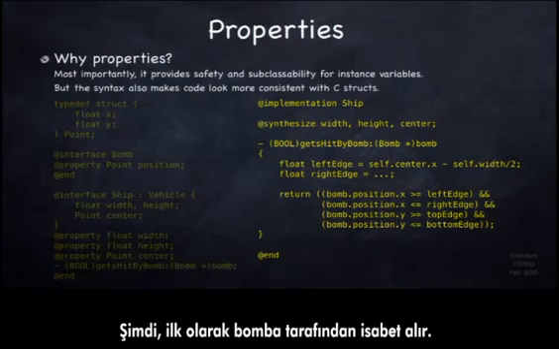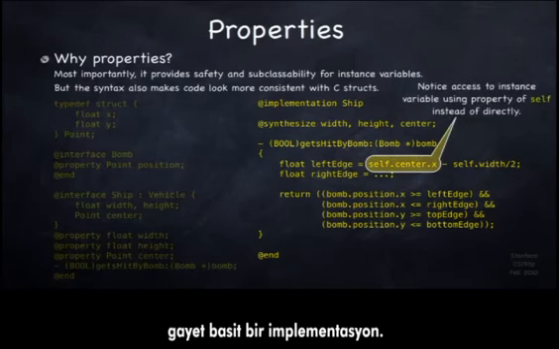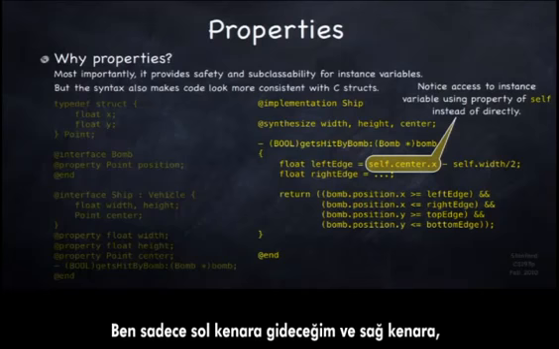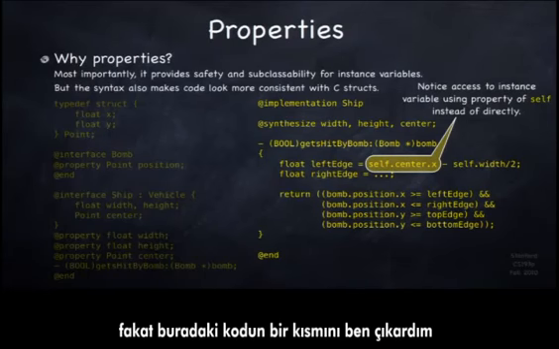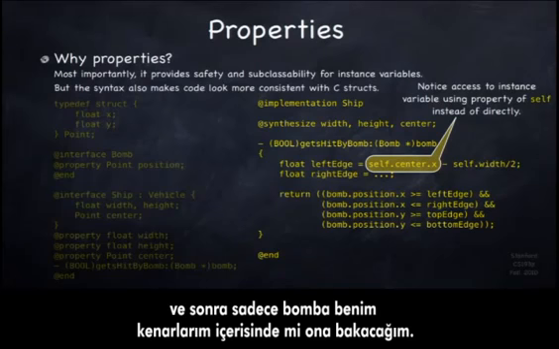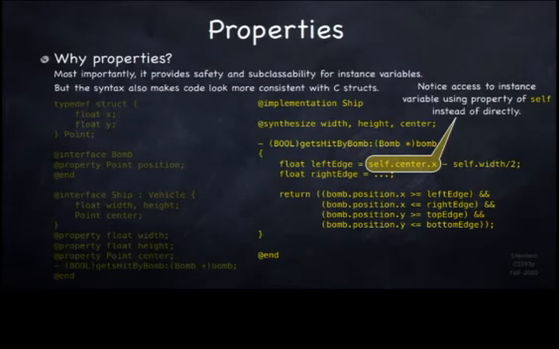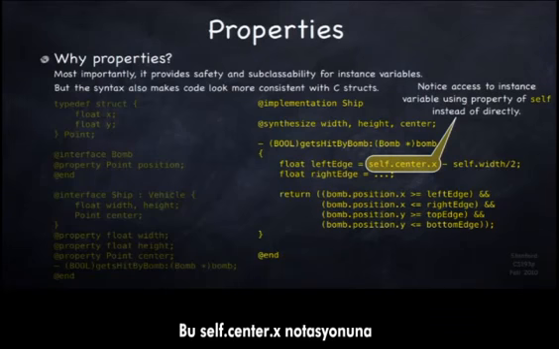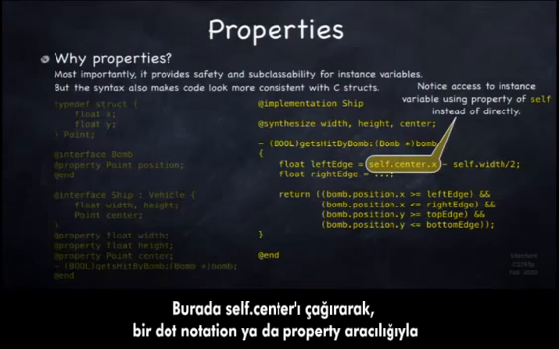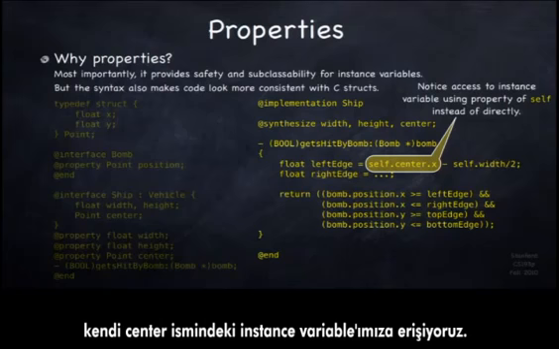Now, the gets hit by bomb, so it's a very simple implementation. I'm just going to go left edge, right edge, top edge, bottom edge. I took out some of the code there, and then I'm just going to see if the bomb is inside my edges. So super simple implementation. That's not the key. I want you to look at this notation, though, this self.center.x notation. So here we're accessing our own instance variable called center by calling self.center through dot notation, or property.